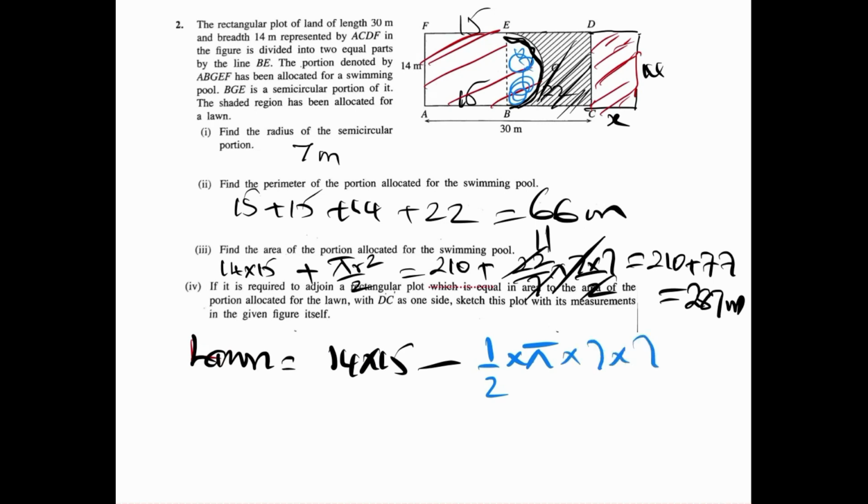I can write that as half times 22 over 7 multiplied by 7 times 7, that's going to be simply 77. And the rectangle is 210.